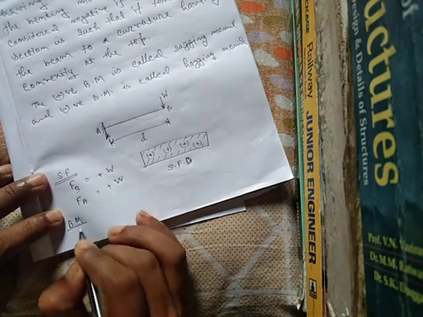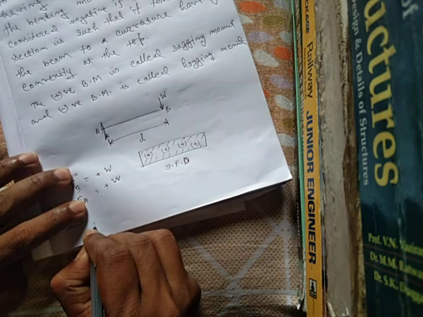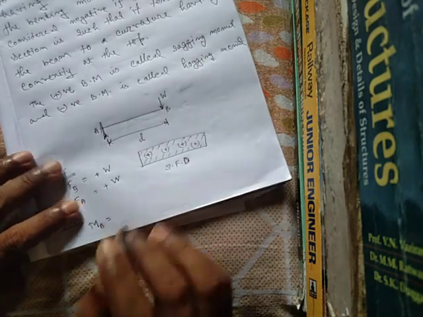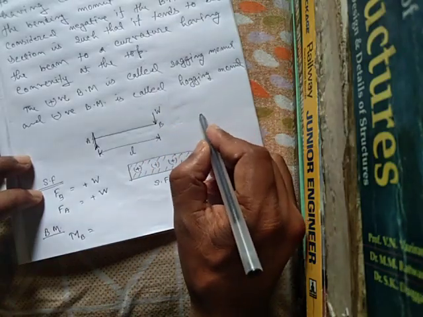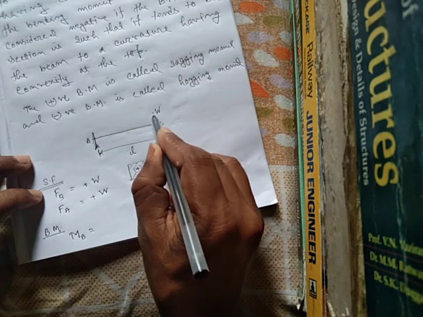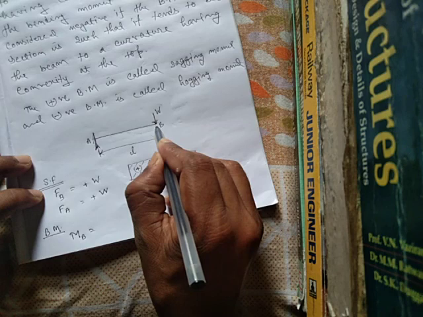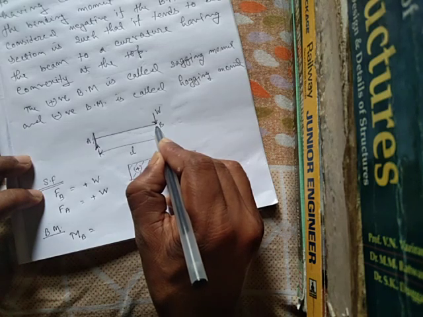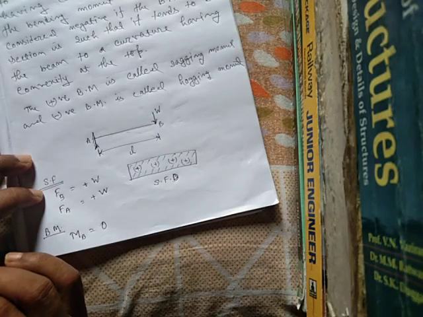So the bending moment at point B, M at point B. Moment is defined as the force into perpendicular distance. At that point, the load W is applied and the perpendicular distance is 0. That means moment at point B is equal to 0. Obviously, in a cantilever beam at free end, bending moment is always 0.